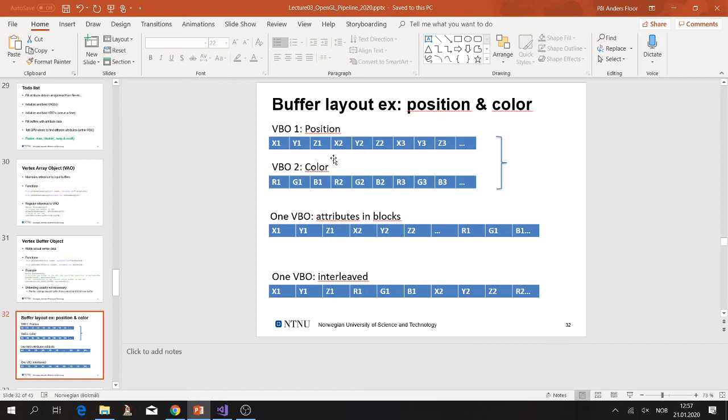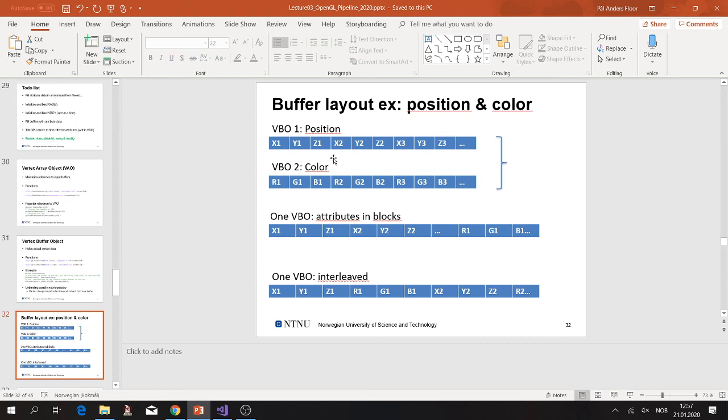The problem is if you have a lot of attributes and this vertex buffer object is very long, then if you read positions at any given time, then all the other slots are basically taken, so you can't use them for anything else. So that's also a bit of a waste of resources in a sense. But I'll get back to maybe ideas on how you should put this up later and why you should do one thing or the other. The third one is that you interleave the data.